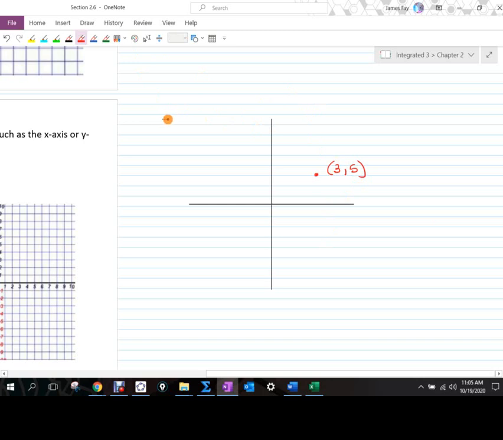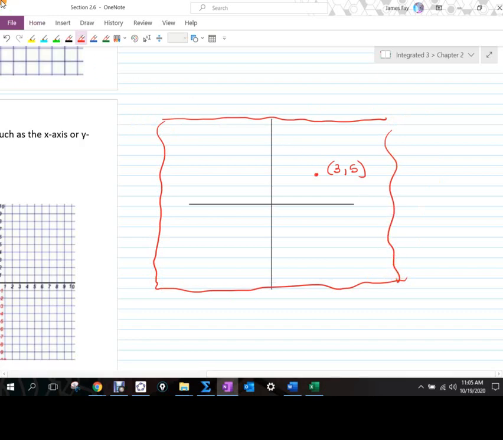And this is on a piece of paper. So let's say that that's my piece of paper. And I asked you, can you fold this on that line right there? So you take your piece of red paper and you fold it on the x-axis, that blue line. Can you visualize where 3, 5 will touch or match up to on the rest of that paper?